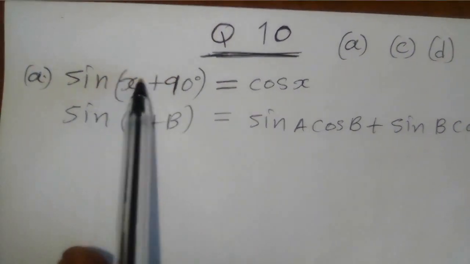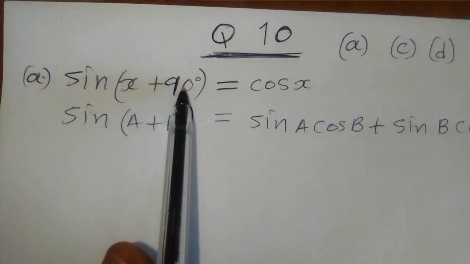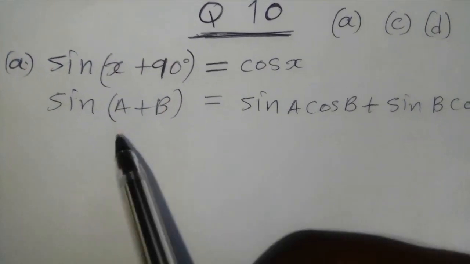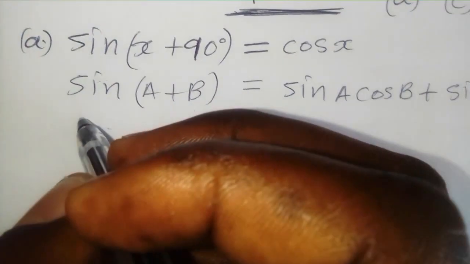So in this question, our a is x, our b is 90. So we can start plugging in the values.